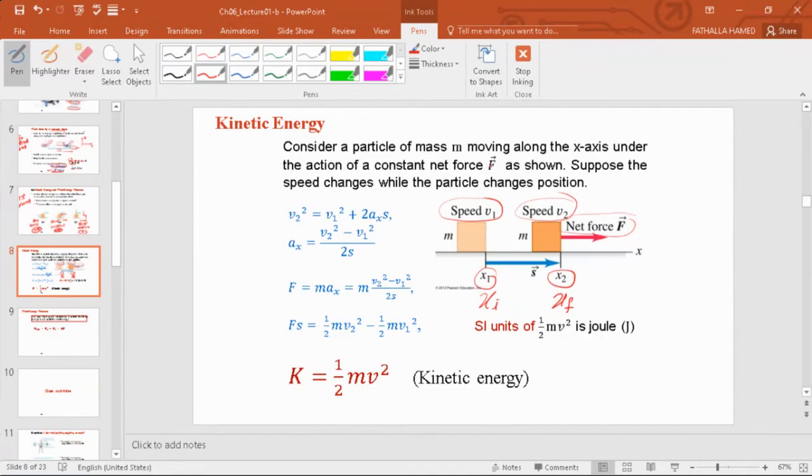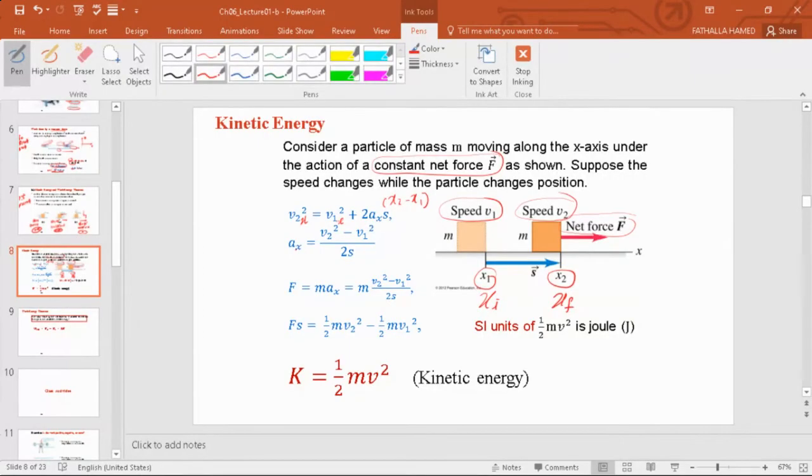The net force is constant, so the net force here is doing the work. Now, you are familiar with the equation that we did previously, where v2x squared equals v1x squared plus 2ax s, and s here is x2 minus x1, which we can use as delta x.